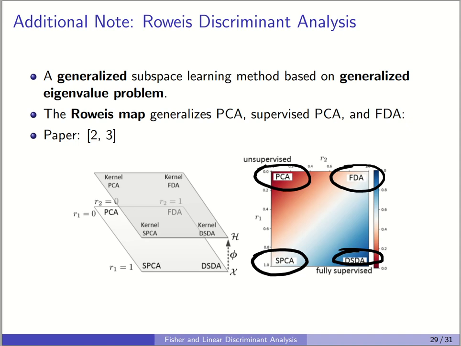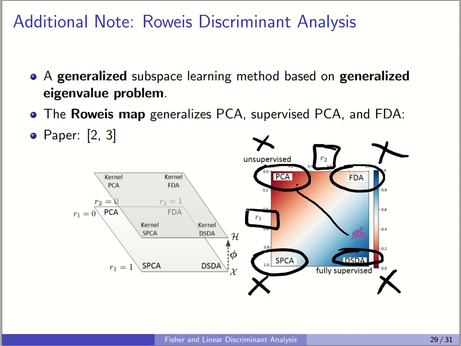And we have a continuous map where we have 2 Roweis factors R1 and R2, which are between 0 and 1. When we are here in the left corner, we are completely unsupervised. When we are here, we are completely supervised. We use labels twice. And when we are in these corners, we use labels only once.